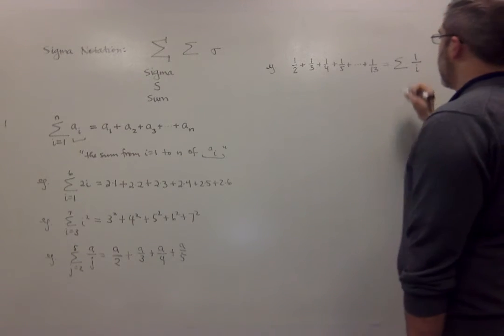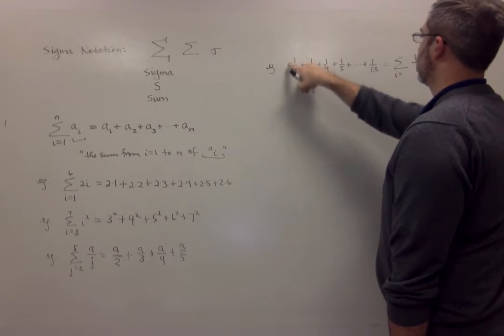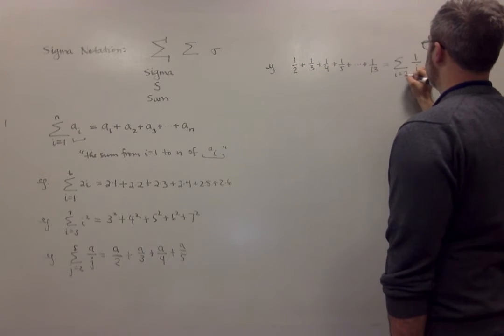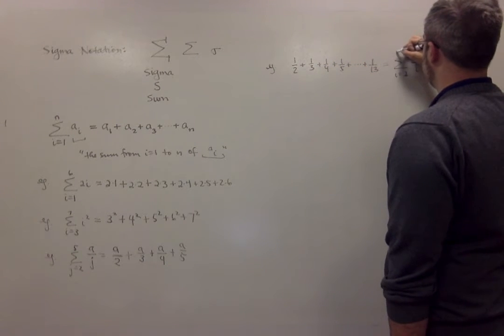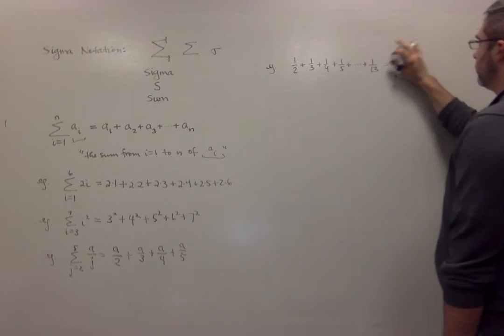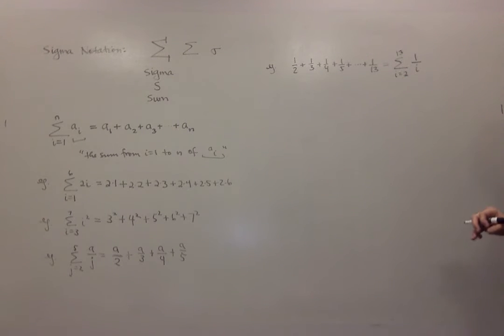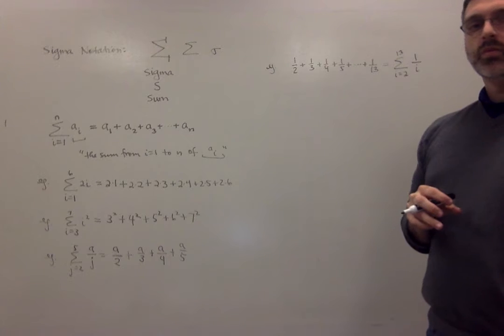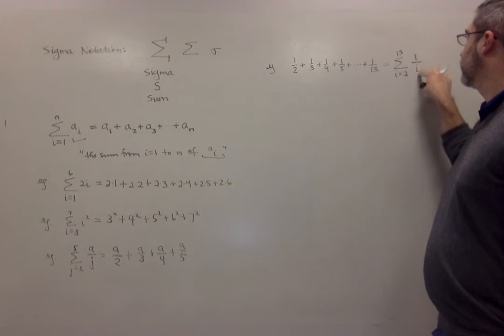And i, that number starts, the first time we see it, 1 over, in this case, we see 2 as the starting point. Then it goes up to 3, 4, 5, and it goes all the way up to 13. So this would be the sigma notation representing this long sum here. The sum, i equals 2 to 13 of 1 over i.